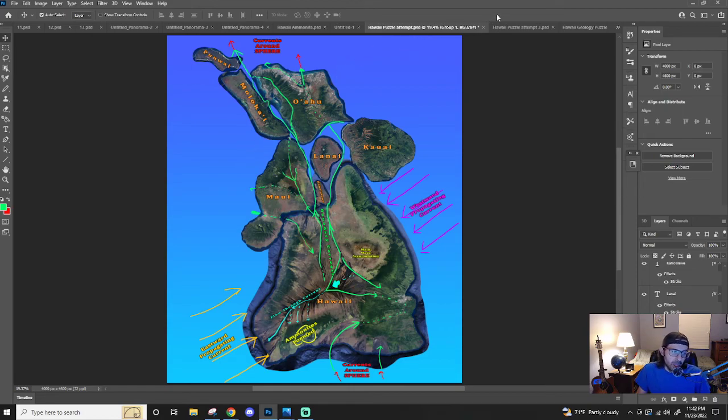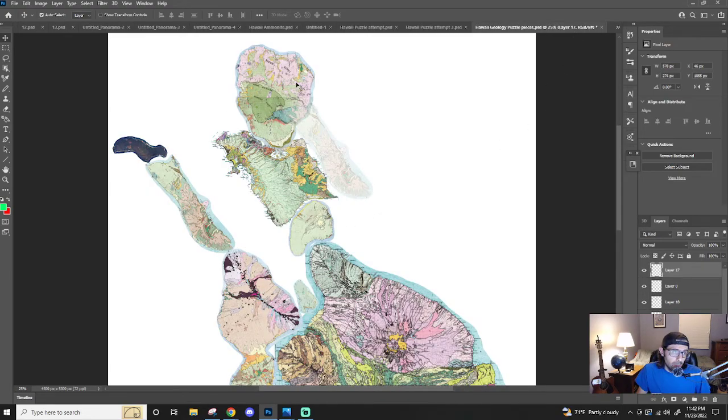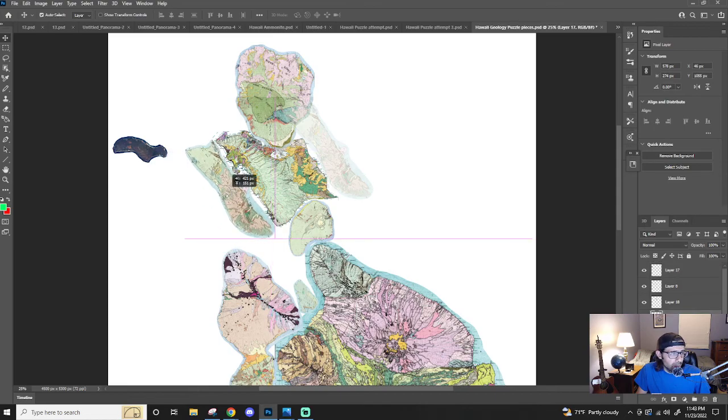But wouldn't it be beneficial to do the same with geological structures? And I did it with these, and it doesn't really make sense there, but in the meantime, I realized this chunk especially makes sense.